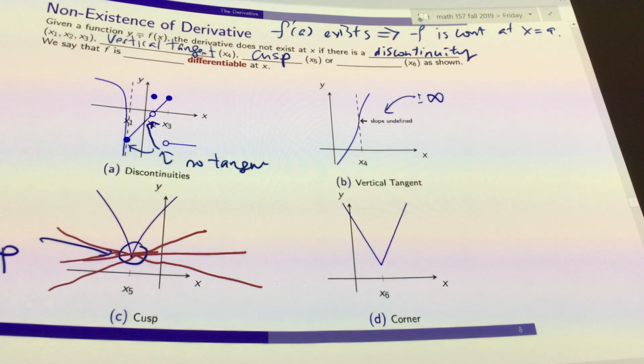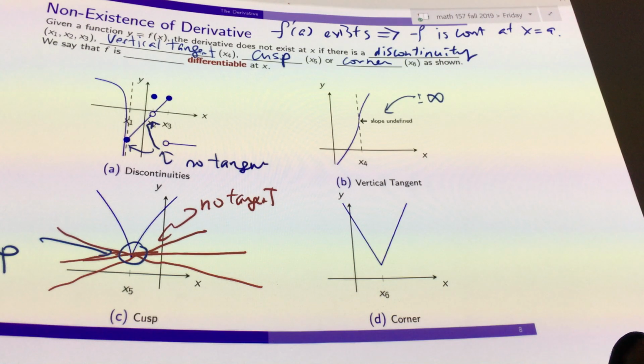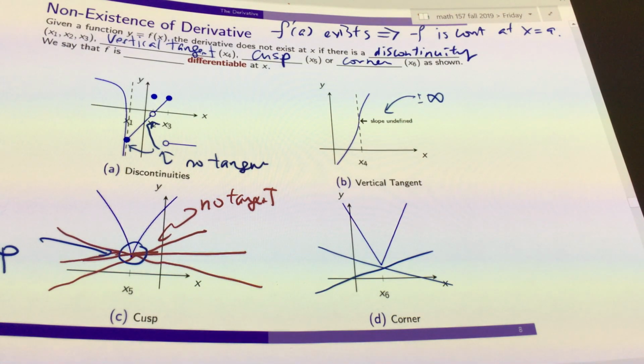So there's no tangent at this point. The corner and the cusp are quite similar. It's also called a sharp point or corner. One is curving down. The limit does not exist but can be infinity. Anyway, they have a sharp point, so you also have no tangent here.